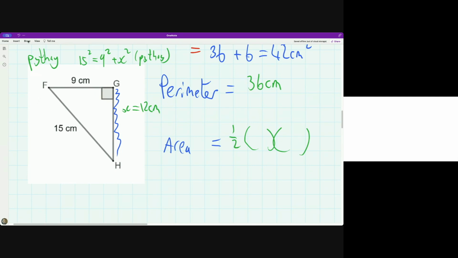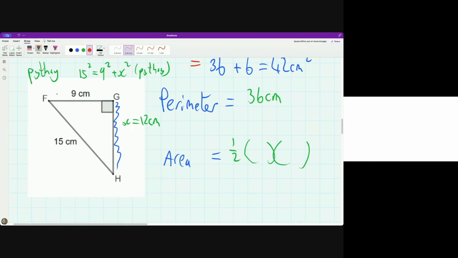You have to decide what the base is. The base could be either this or that, as long as it's with the right angle. So I'm going to say 9 times 12, which gives, what is that going to give us? 54. 54 centimeters squared.